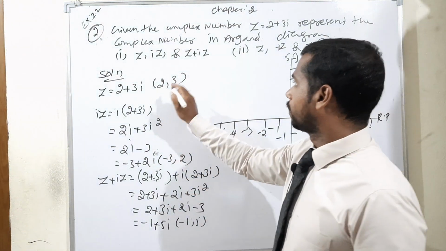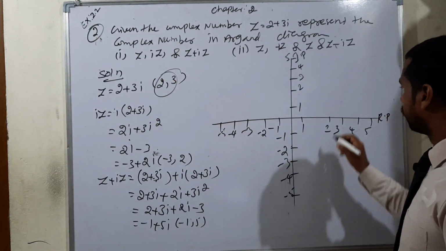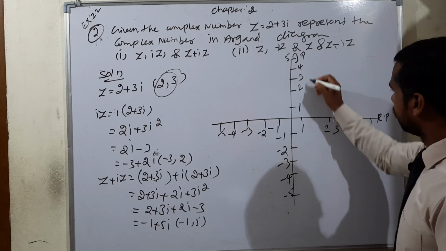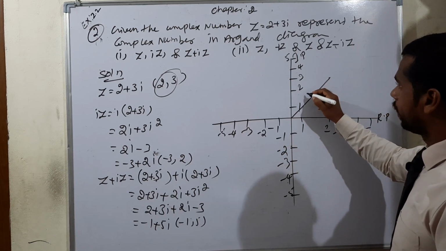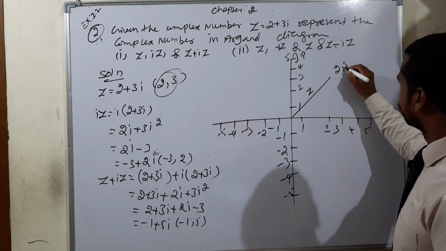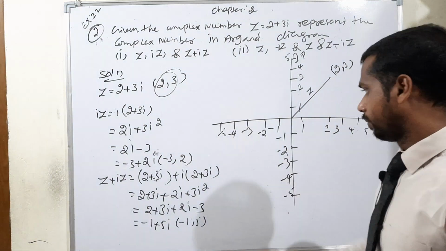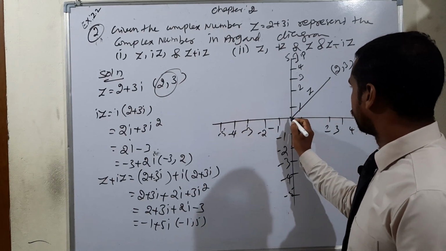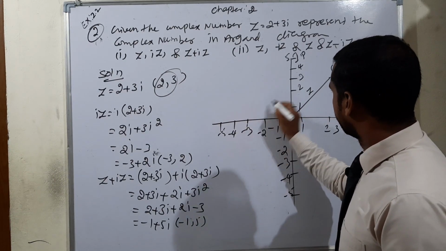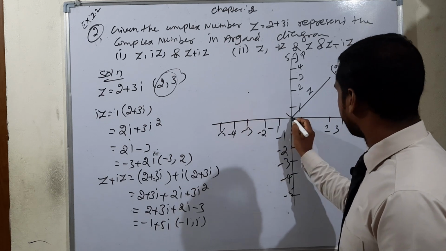What we have to do: the first coordinate 2, 3. So 2, 3 means 2 on the x-axis, 3 on the y-axis. This is called Z. So 2, 3. Second condition, minus 3, 2. X is equal to minus 3, y is equal to 2, isn't it? Just mark the point approximately.